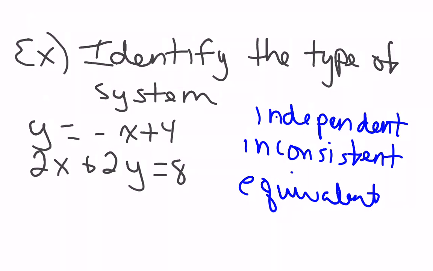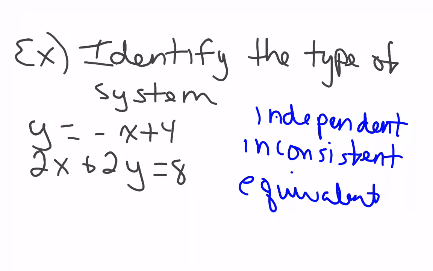All right, so what does this mean for all of these? So first and foremost, what we really want to look at is just get this system to where we can look at the slope of them. So that would mean that if we put them into y equals mx plus b format, that would probably be our best bet in order to look at the slopes and be able to identify these pretty quickly.